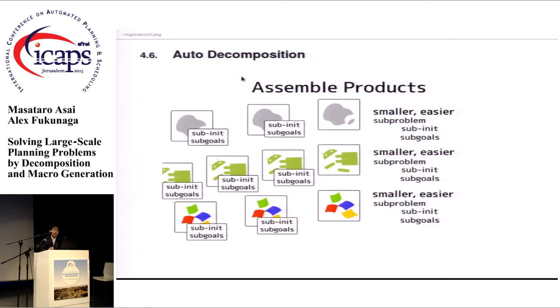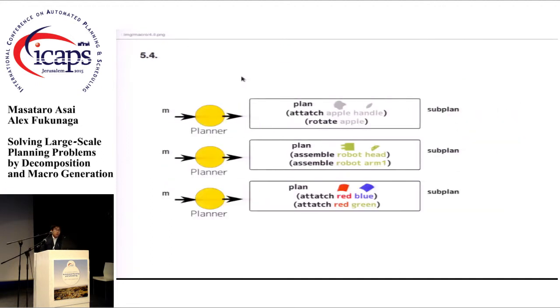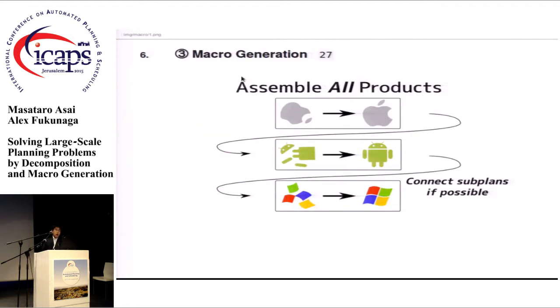Then we get these kinds of subproblems and solve each of them independently using the underlying planner. So quite simple. We get several subplans, and next we want to assemble all products in the problem, because the final plan assembles every product. The intuition is to connect the subplans if possible.